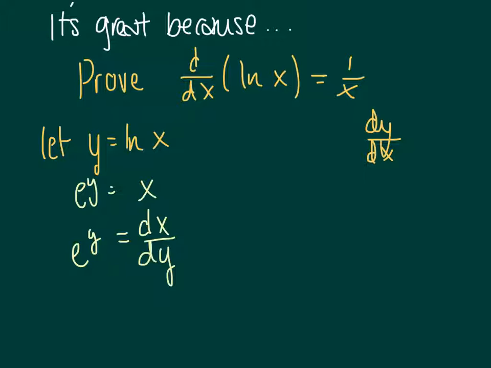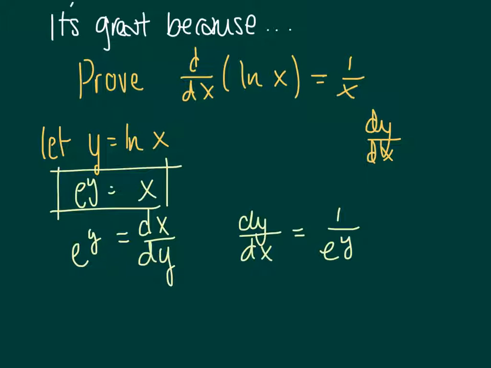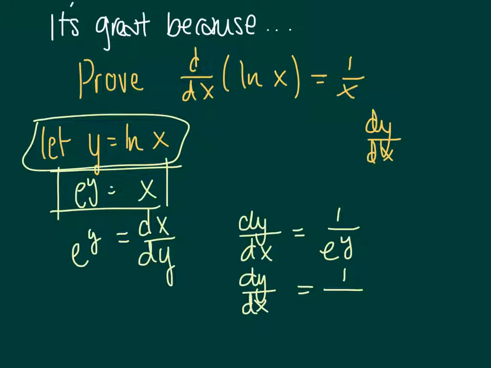That means that dy by dx is 1 over e to the y, because I'm just reciprocating, flipping it upside down. And I know that e to the y is x, because I set that earlier. That was part of the consequences of letting y equal ln x. And so dy by dx in terms of x, which is always what I want, is 1 over e to the y, and e to the y is x. It's 1 over x as required.